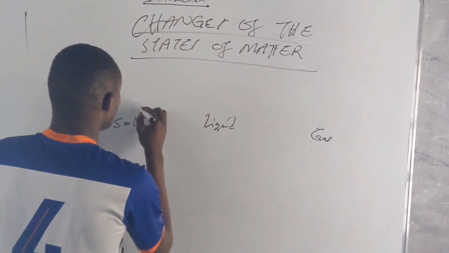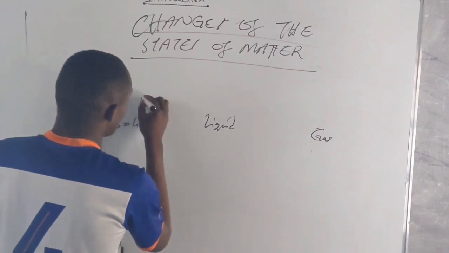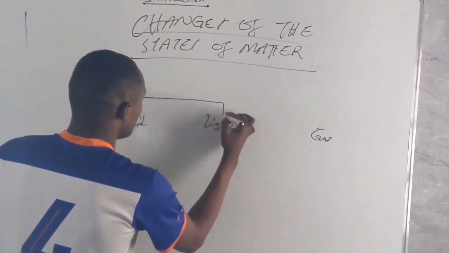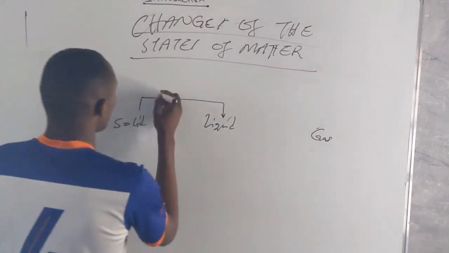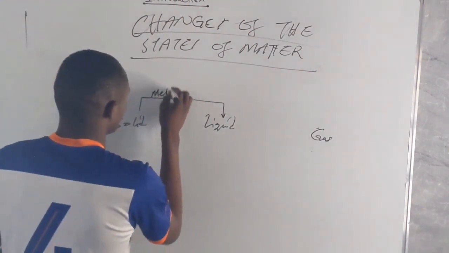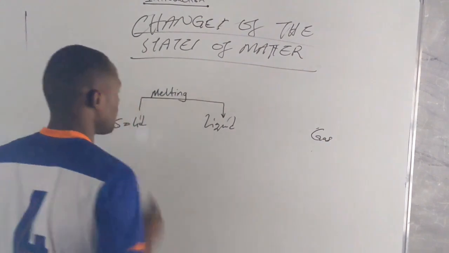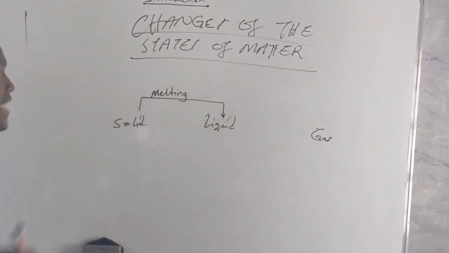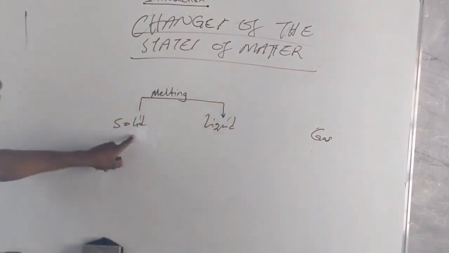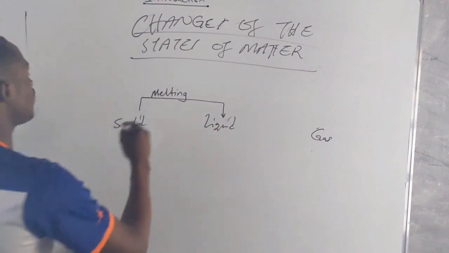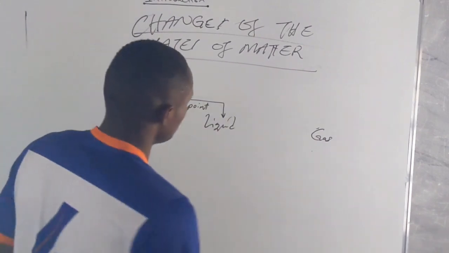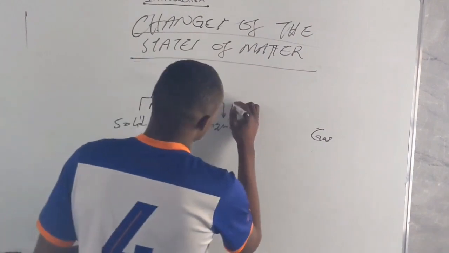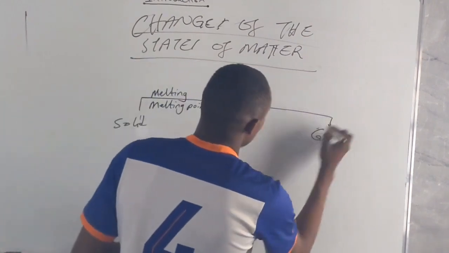Let's assume that we have a change which occurs from solid to liquid. This one is called melting. Then the temperature at which a solid changes to liquid is called the melting point. From liquid, it can change to what?